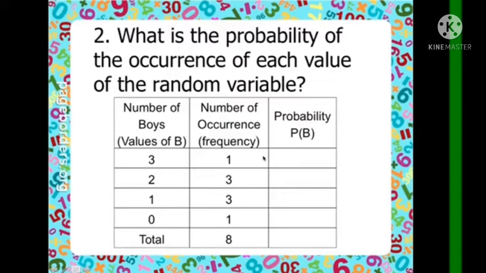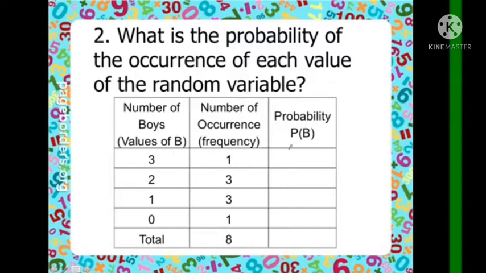Now, gawa tayo ng probability. So, what is now the probability of the occurrence of each value of the random variable? So, madali lang to. Since meron tayong possible values of 3, 2, 1, and 0, ano yung probability na 3 or tatlong boys yung makukuha ko dun sa group of students na yon? So, we have 1, right?